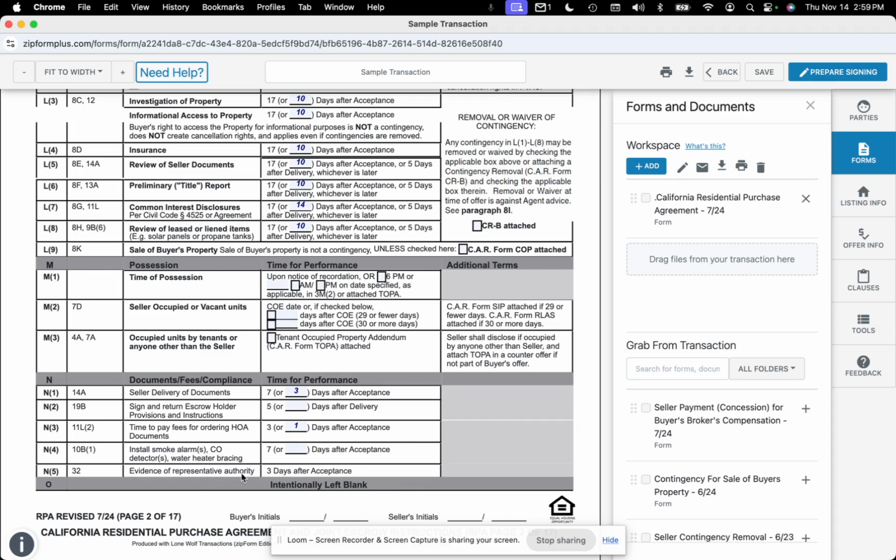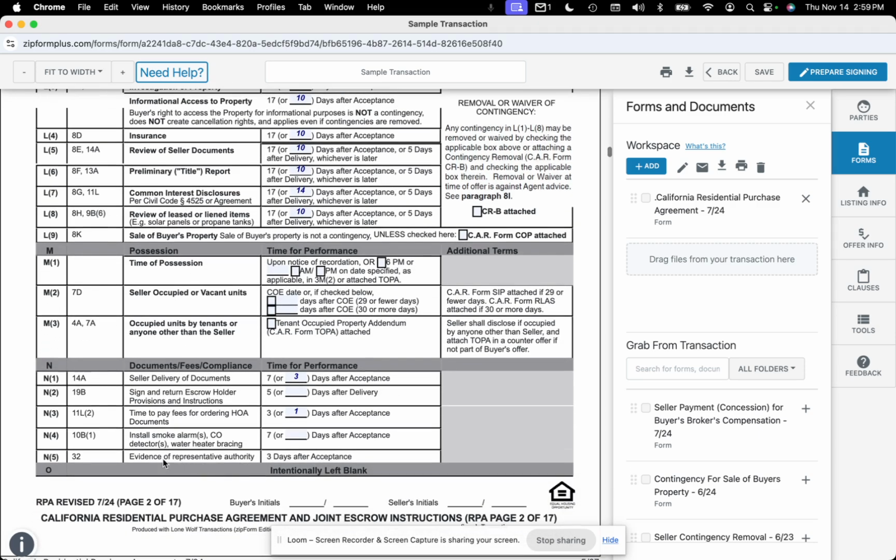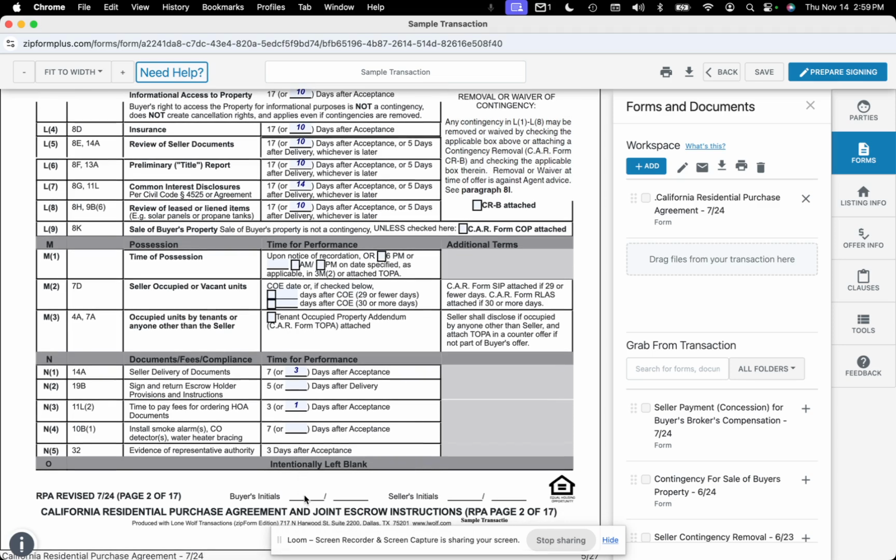So if somebody is selling a house to you because they are the trustees of a trust where the person died, or they are overseeing a probate situation where the owner is no longer alive, and they're selling it on the owner's behalf for any reason, they have to actually show you the evidence that they are the representative and they have authority to sign on behalf of the seller. So that's 3 days. You don't change that. That's just part of the contract. And again, you would initial at the bottom of this page.